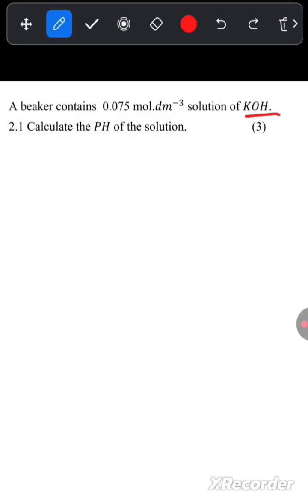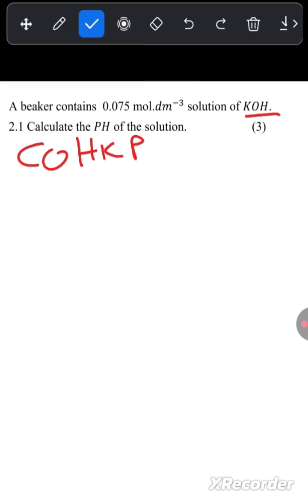So, what do we see? I write the word COOK so that I'm guided. Okay, what do I have? I have the concentration of the base itself. Now, what am I looking for? I'm looking for the concentration of OH minus. So I'm asking myself, how many OH minuses do I have? So I just simply do a ratio there.